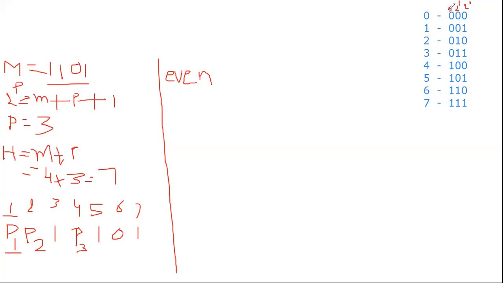The next is 2 power 2. Okay? So now here P1 means the 2 power 0 position. For calculating the 2 power 0 position, here we are having even parity.